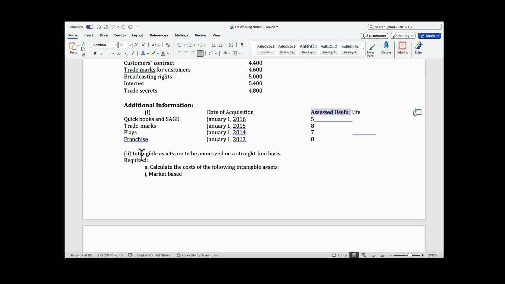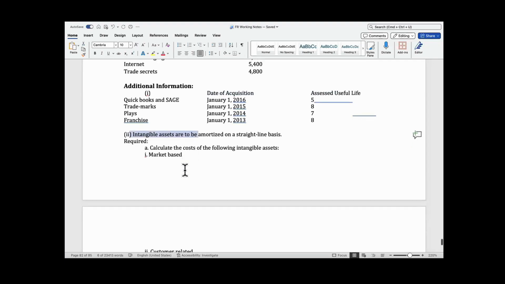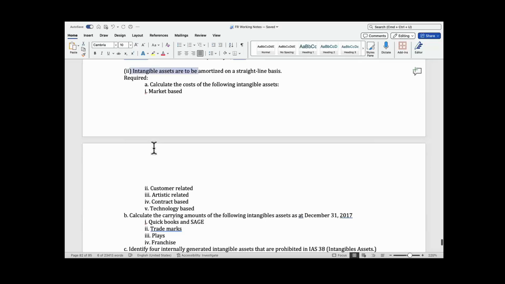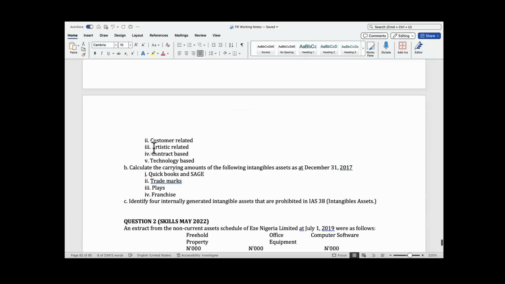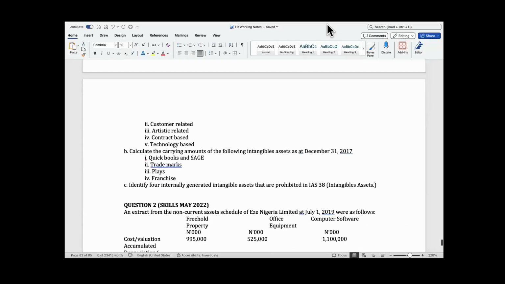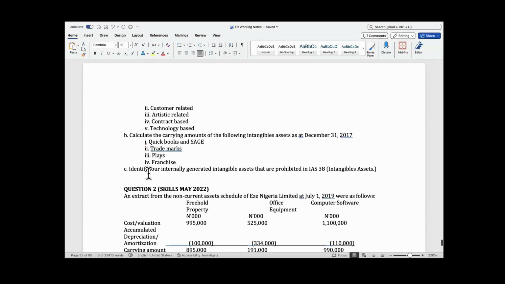We're told that intangible assets are to be amortized on a straight line basis. Required: calculate the cost of the following intangible assets: market-based, customer-related, artistic-related, contract-based, technological-based. And calculate the carrying amount of the following intangible assets and identify the internally generated intangible asset.